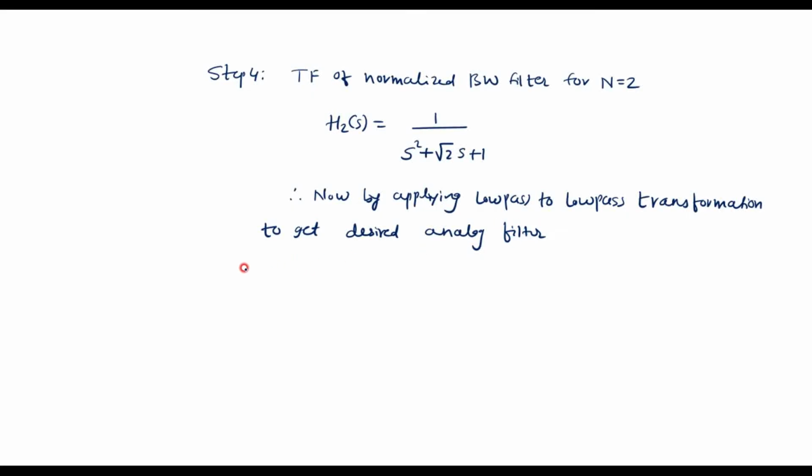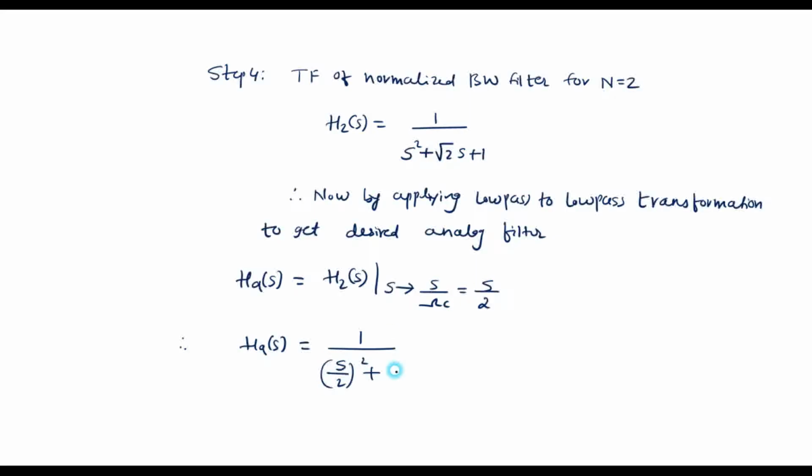So the desired analog filter, I will represent it as HA of S, which is equal to H2 of S, provided that S should be replaced by S by omega C. So here the cutoff frequency is 2, that is S by 2. Therefore we can write HA of S is equal to 1 upon S replaced by S by 2, that is (S by 2) square plus root 2 into S by 2 plus 1.